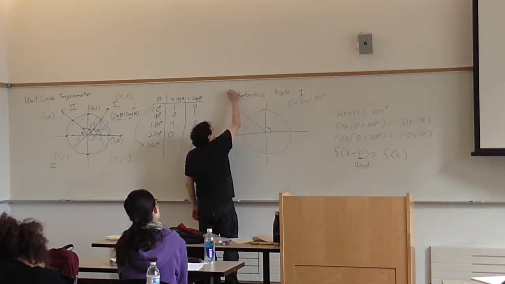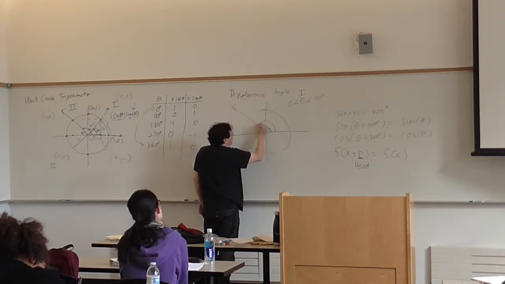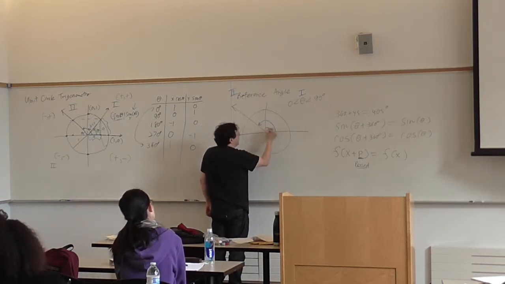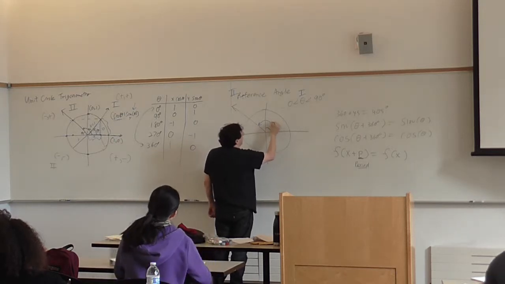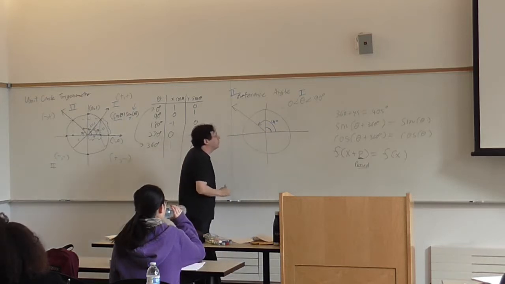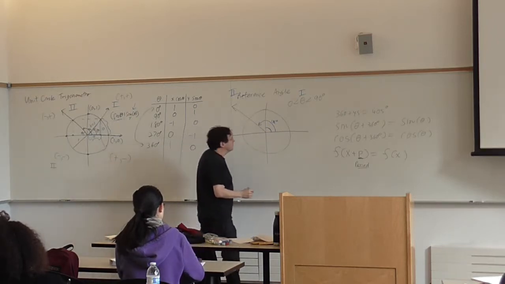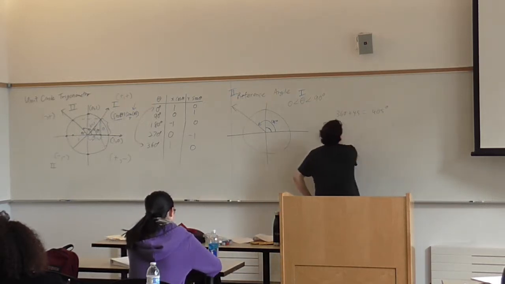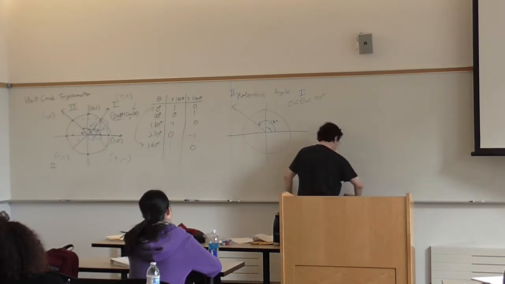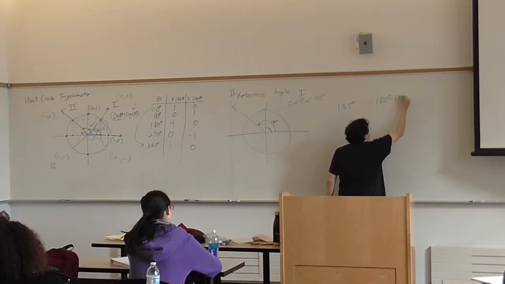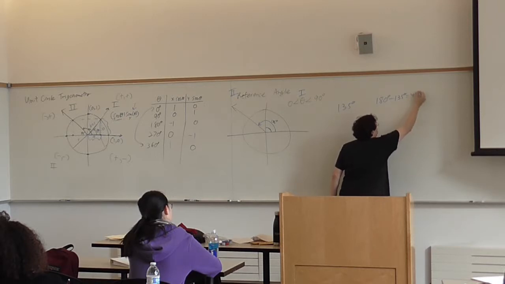Over here in the second quadrant, the reference angle is a little different. Okay? If I have some angle here, let's say 135 degrees, its reference angle in the second quadrant is its supplement. So if my angle is 135 degrees, its reference angle is 180 degrees minus 135, which is 45 degrees.